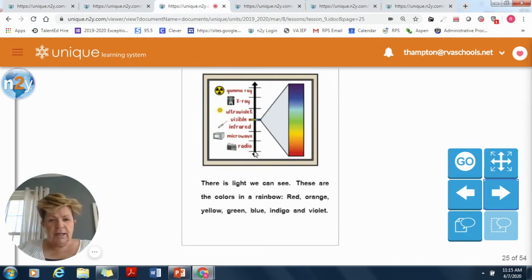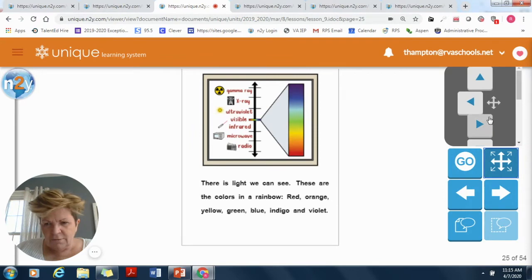So here, right at this point, we have radio. Right here at this point is a microwave, infrared, visible, and then let's make that just a little bit bigger for Mrs. Seja.